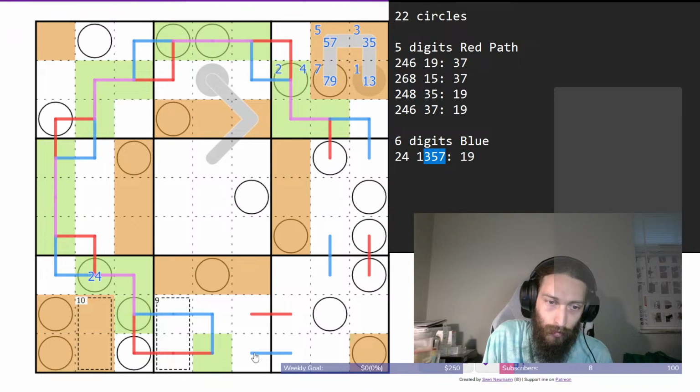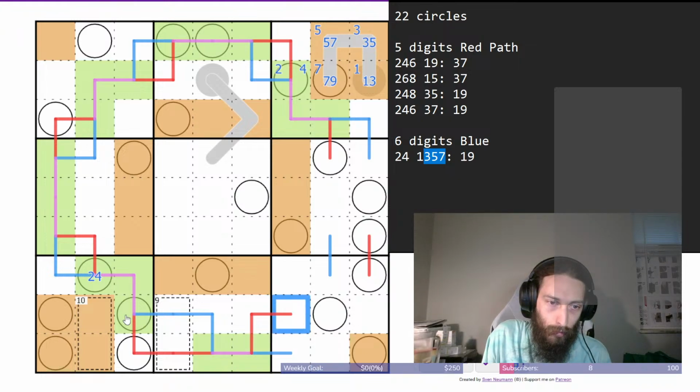So red has to go this way and then up. And now red, box cell 9 is even. Right. In box 8.